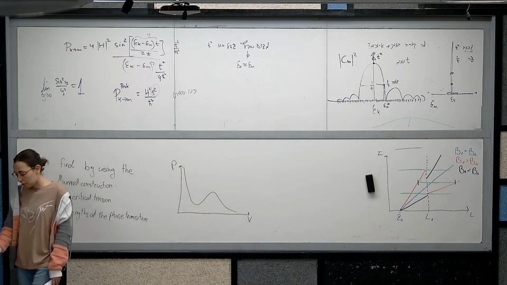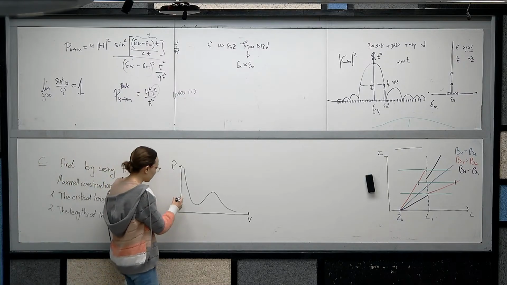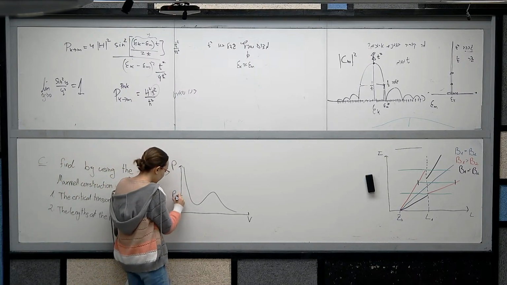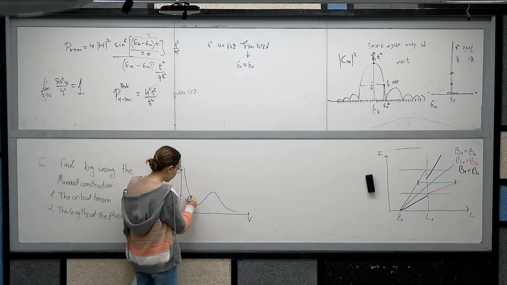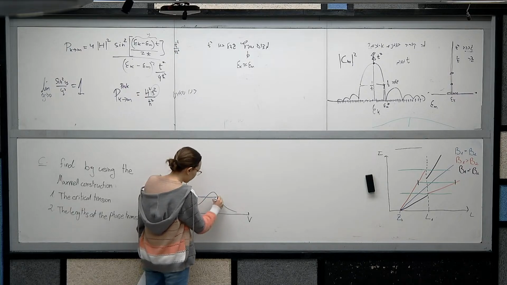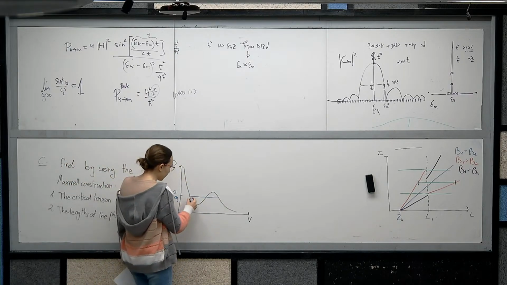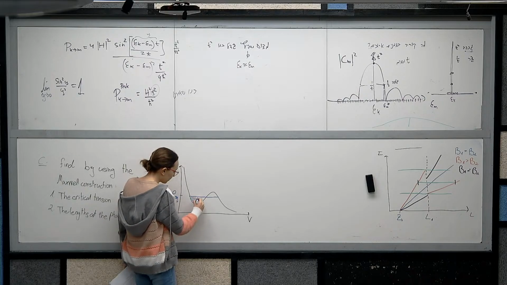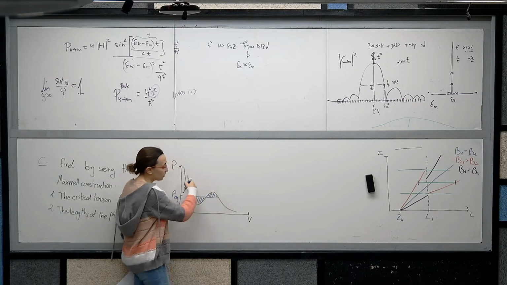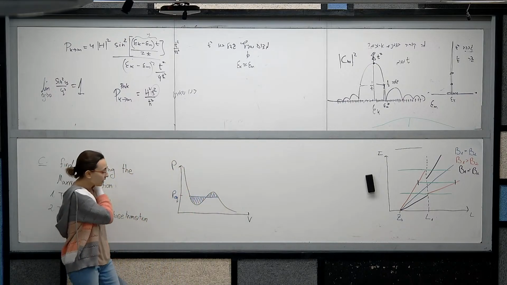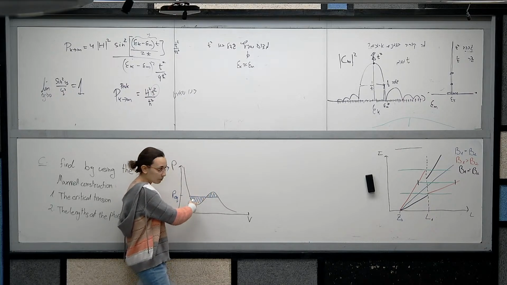We saw that the Maxwell construction says that when we draw a straight line of the equilibrium pressure, we get two areas between this line and the graph of the physical behavior, and those two areas need to be equal to each other.